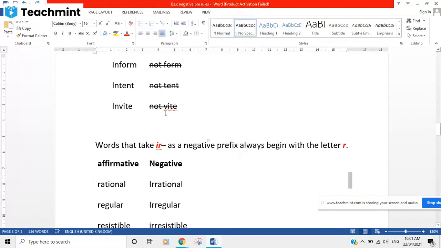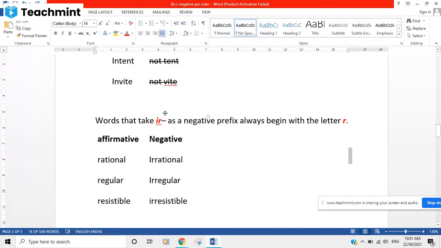When we add that negative prefix un before the root word able, it will become unable, and it will convey the negative meaning. Next is interesting. Interesting is the root word, and by adding the negative prefix un at the beginning of the root word interesting, it will become negative, and so it will convey the negative meaning and it will become uninteresting.